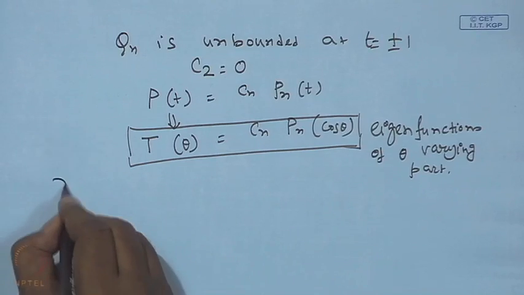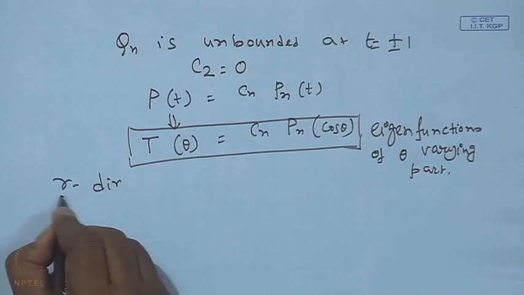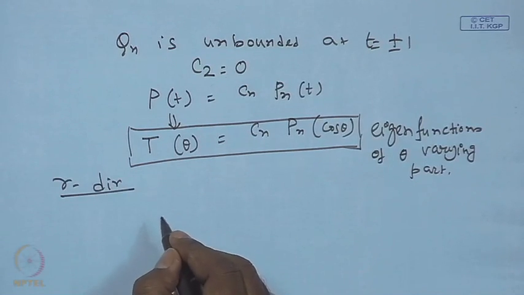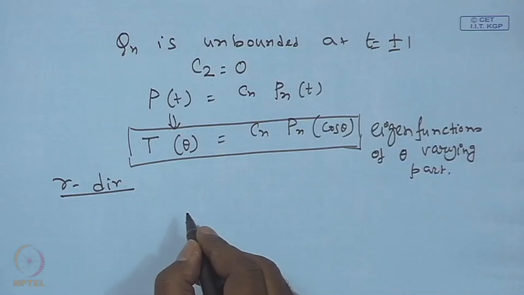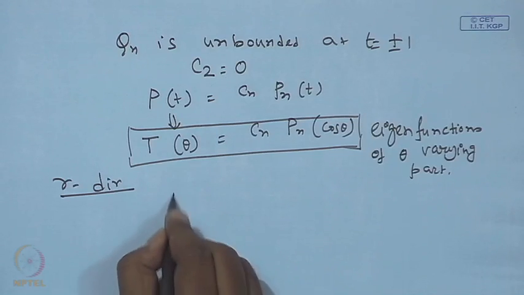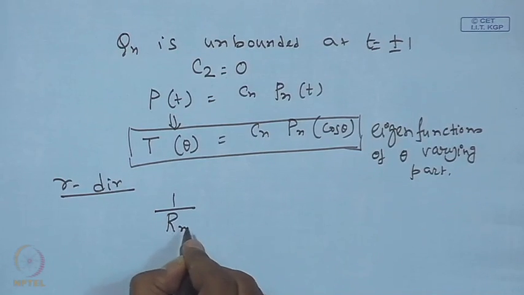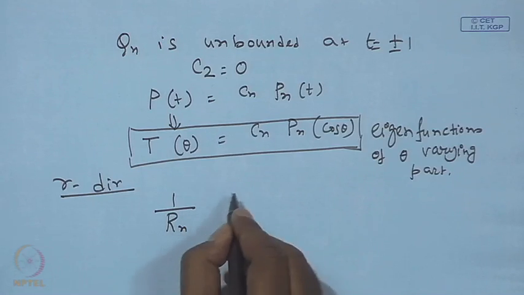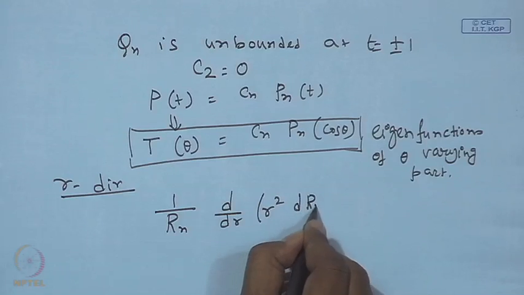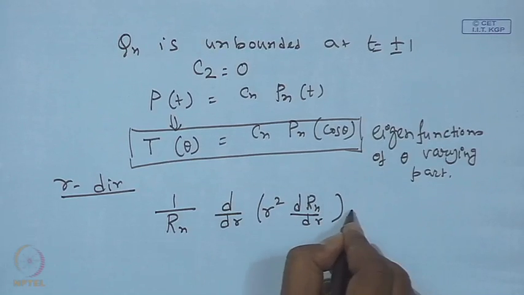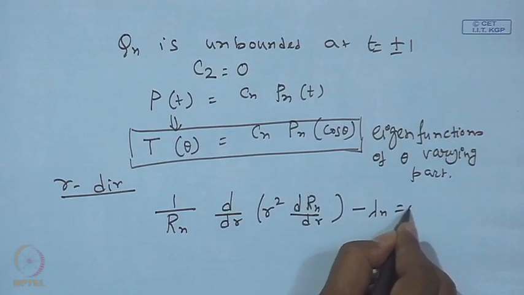Now, let us go back to the r direction and see how we can solve that part. We cannot formulate the eigenvalue problem in the r direction, simply because we have the non-homogeneous boundary condition there. So, we write it as R subscript n corresponding to the nth eigenvalue. d dr of r square dR n dr minus lambda n R n is equal to 0.